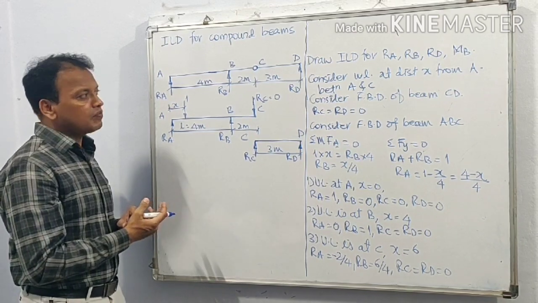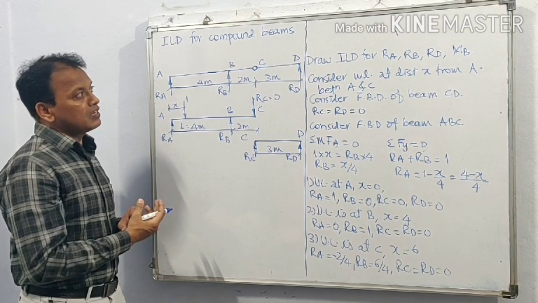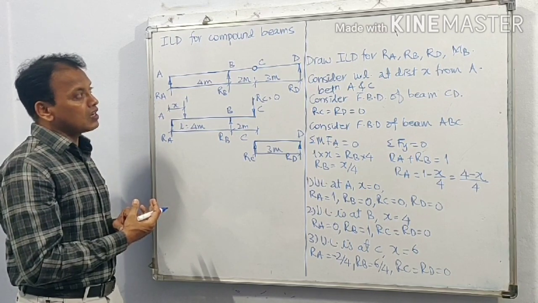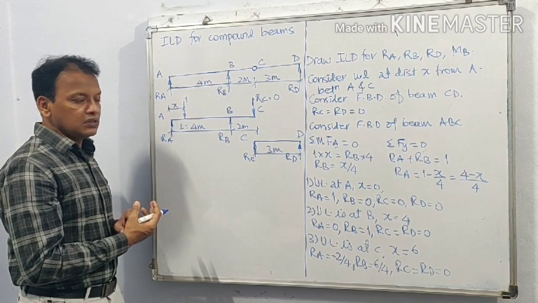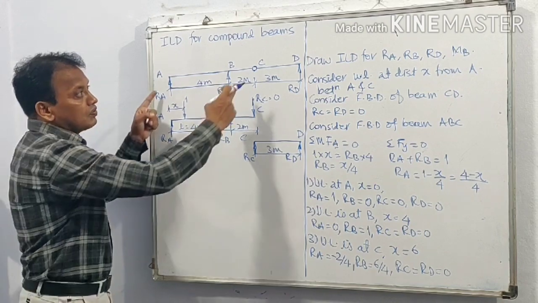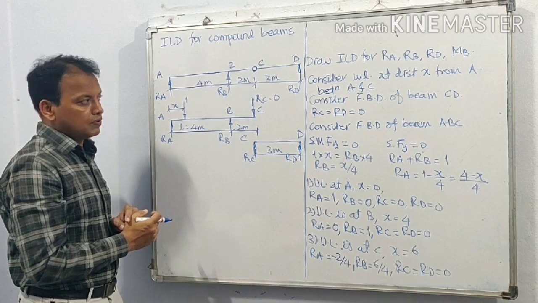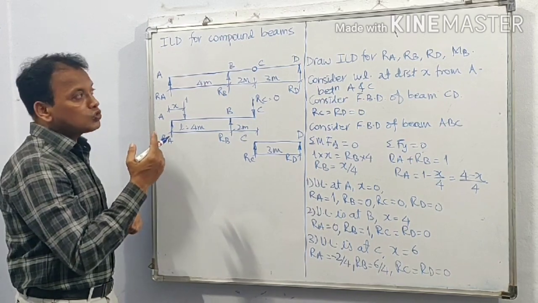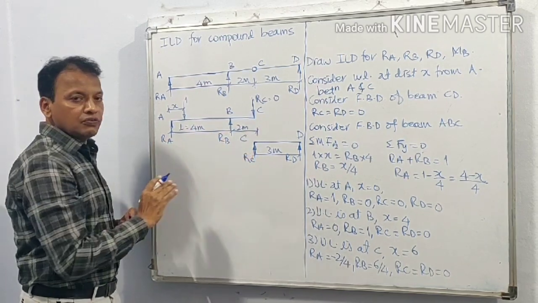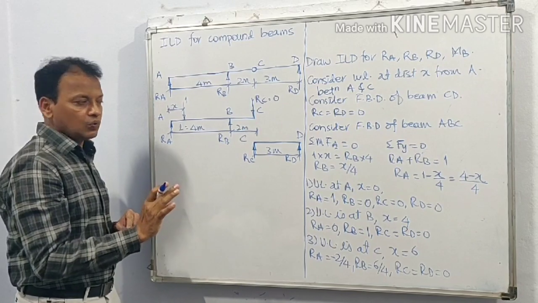Actually, influence line diagram for RC is not asked. We can draw influence line diagrams for RA, RB and RD up to C, because for positions of unit load from C to D we have not made any calculations.